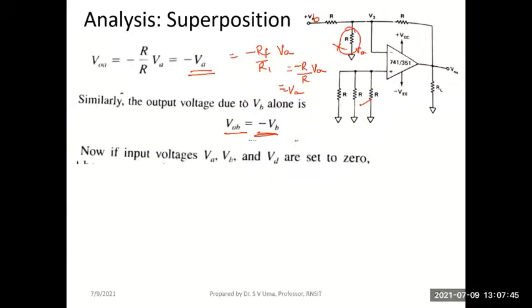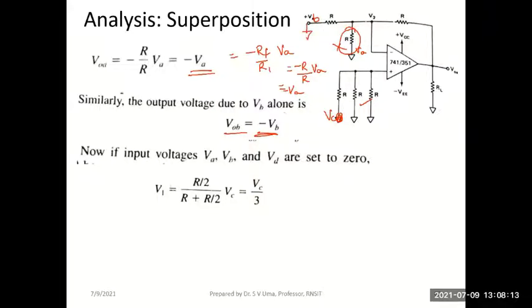Now, I want to find the effect of voltages given at the non-inverting terminal, VC and VD, for which again I should ground VA, VB and VD and consider only VC to be active. So if VC alone is active, these are the inputs here, VC and VD, and we already had one R connected to ground.